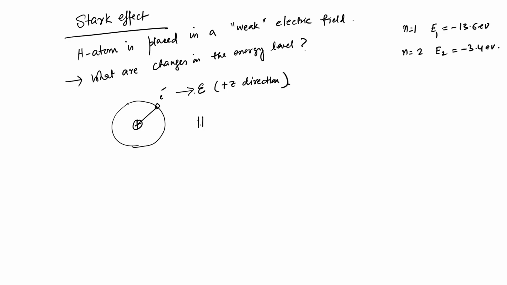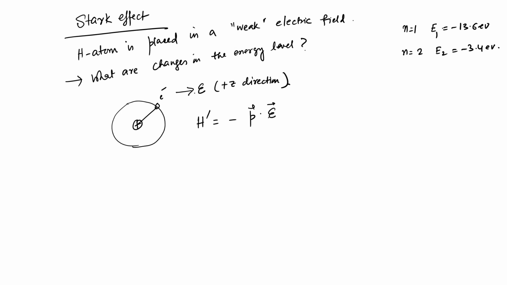Because of this electric field, the dipole gets elongated, and the dipole moment, which is the magnitude of the charge multiplied by the distance between the two charges, interacts with the electric field as a dot product. So, the potential energy that you get is minus P dot E, and this is precisely what our perturbation term is.